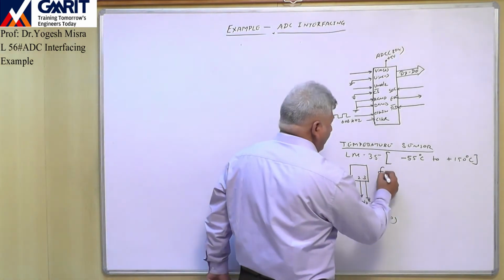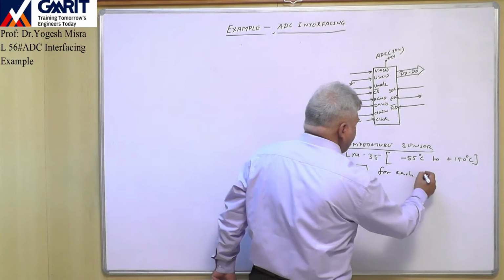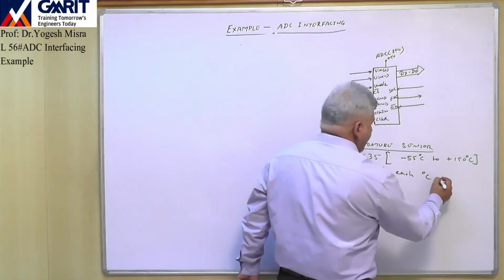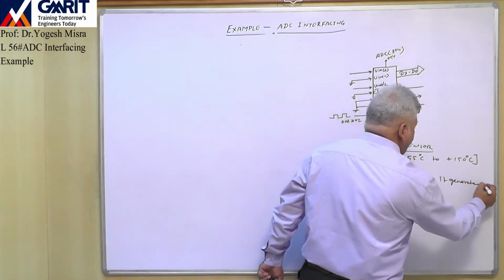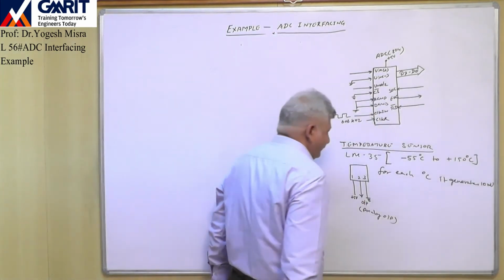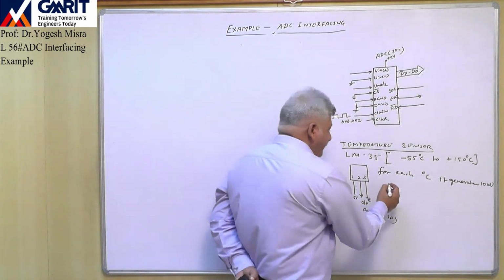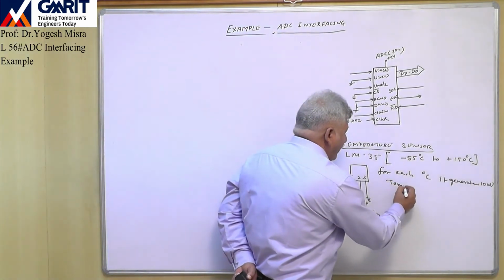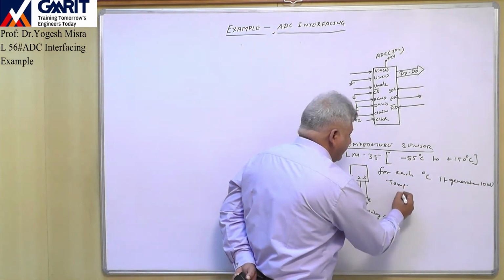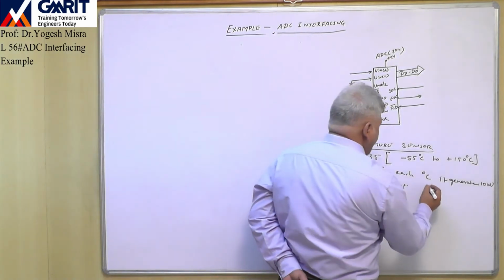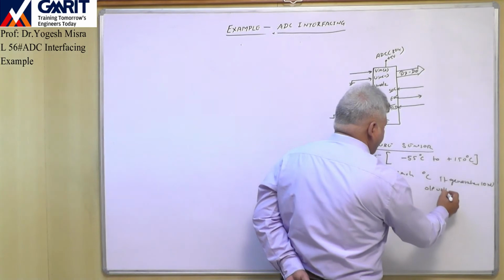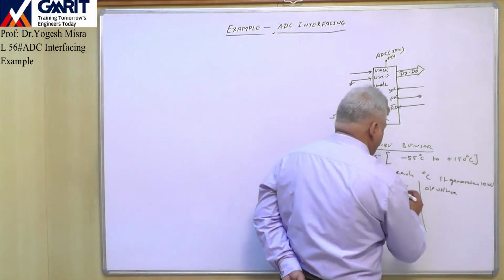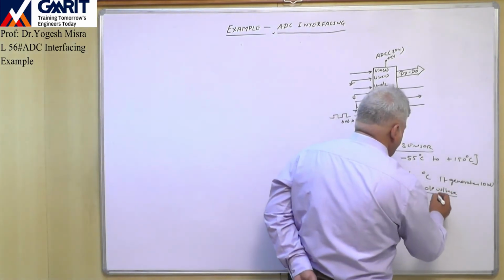So for each degree Celsius it generates 10 millivolt. For example, if the temperature is 0 degrees Celsius, the output voltage is 0 volt.